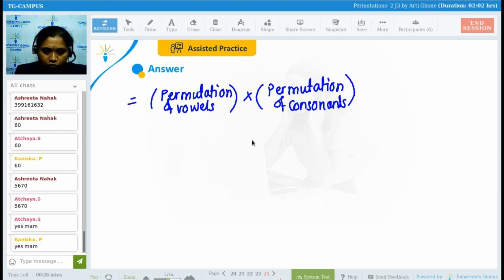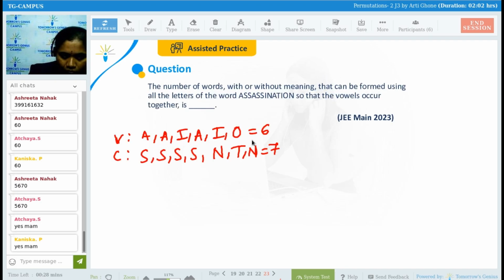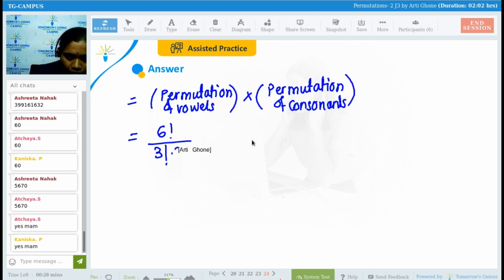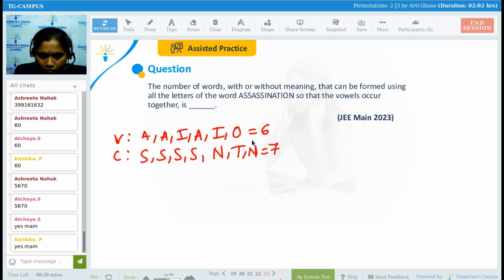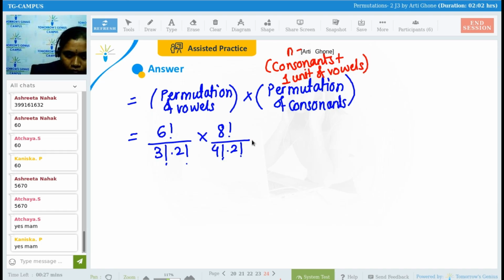Six factorial upon 3 factorial into 2 factorial. N is equal to consonants plus 1 unit of vowels.